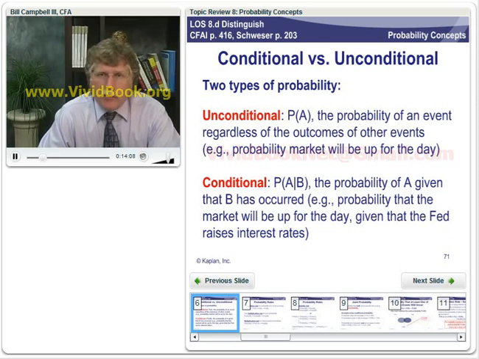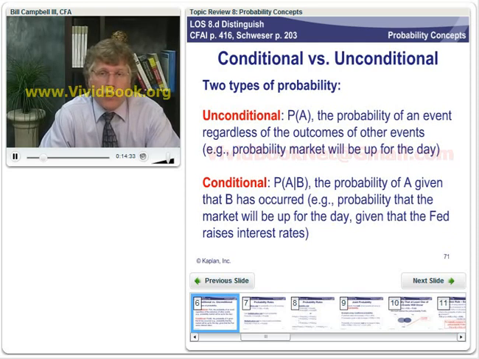Conditional probability is the probability of an event happening given that we know that some other event has happened. Now, it doesn't necessarily mean that knowing that other event has happened will have any influence. Maybe it does, maybe it doesn't. But if we know this other event has happened, then we refer to it as conditional probability.